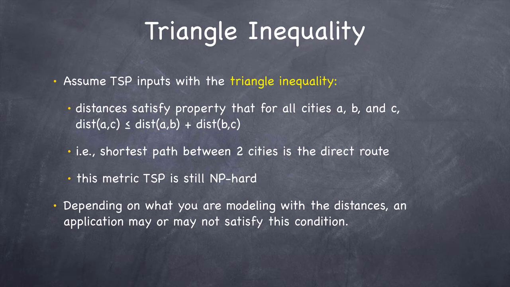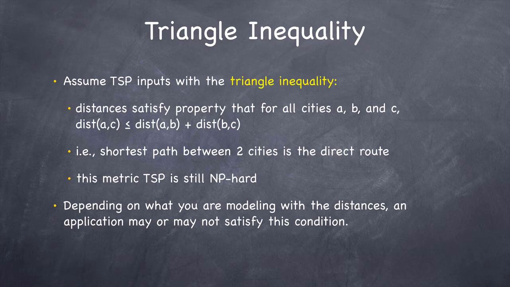So if we have cities A, B, and C, then the distance from A to C is bounded by the distance from A to B plus the distance from B to C. So if we go directly from A to C, it's quicker typically than if we make a detour through another city B. So in general, the shortest path between two cities is the direct route.